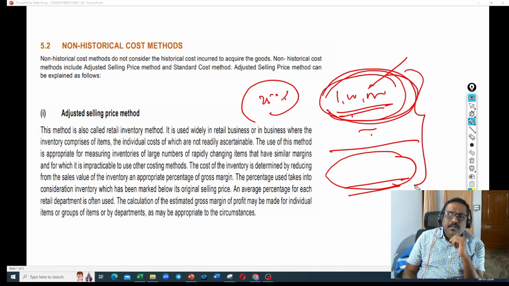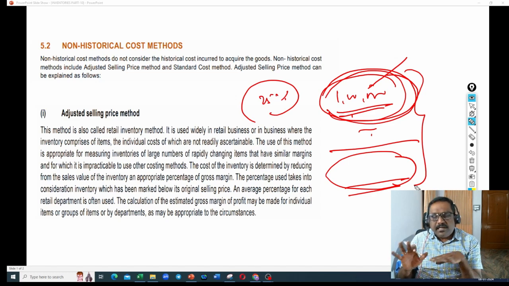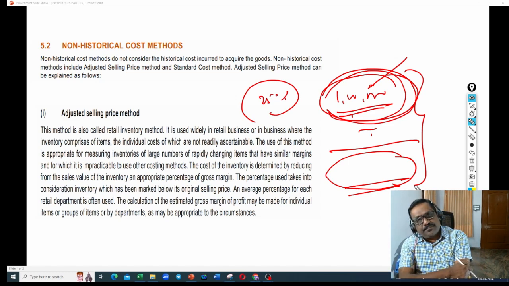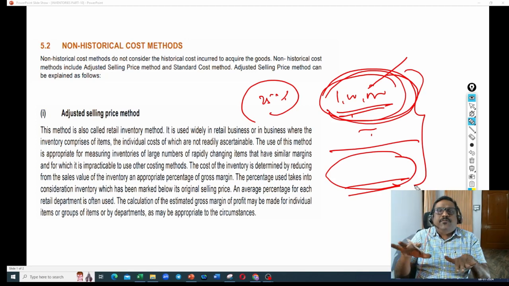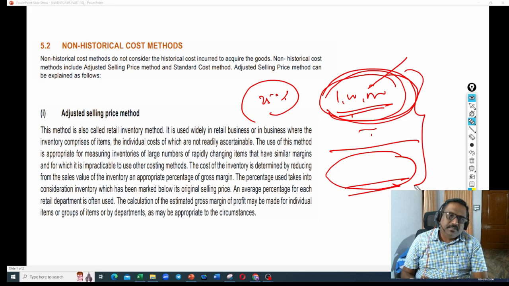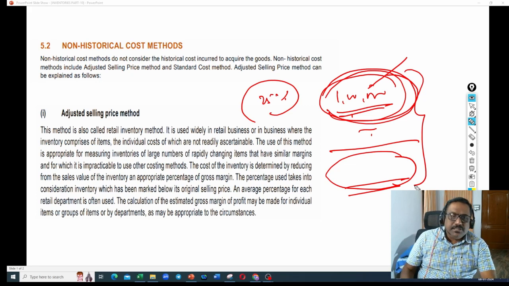That is how he will talk. That means he cannot specify the gross margin of each item. On an average, he will say, I will get around 15 to 20% of gross margin. Correct? So they know the gross margin. This gross margin will be almost similar for all the items they manage. It's not that it is going to match exactly.